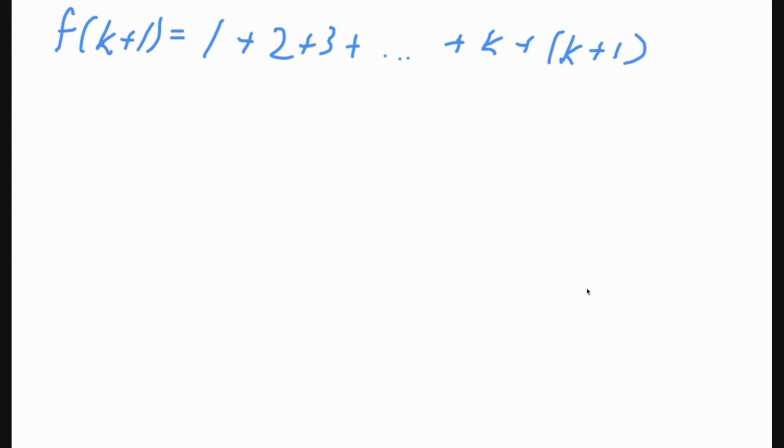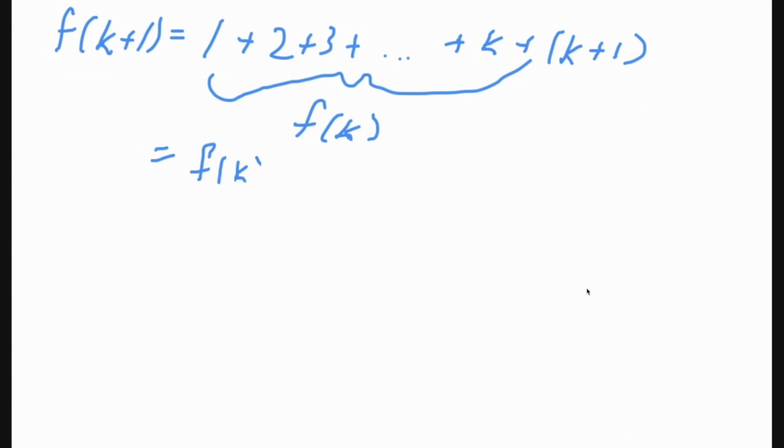So that's the sum of the first k plus 1 integers. What we can do is look at the first k integers. Notice how the sum of the first k integers is simply equal to f(k), because f(k) is the sum of the first k integers as well. So we can write f(k plus 1), therefore, as f(k) plus (k plus 1), because we missed k plus 1 at the end.